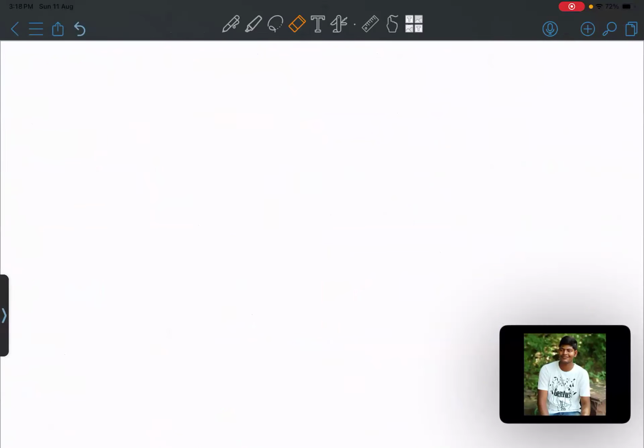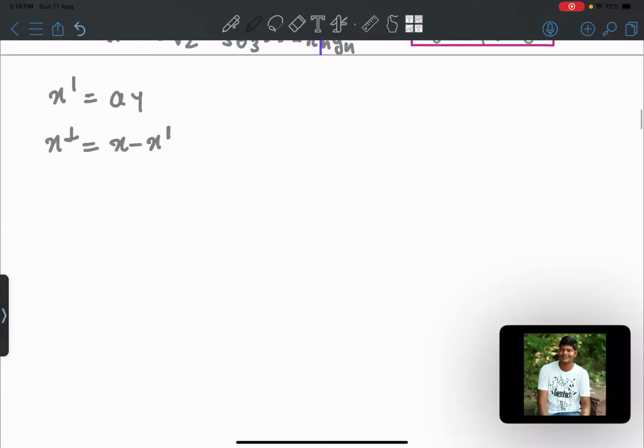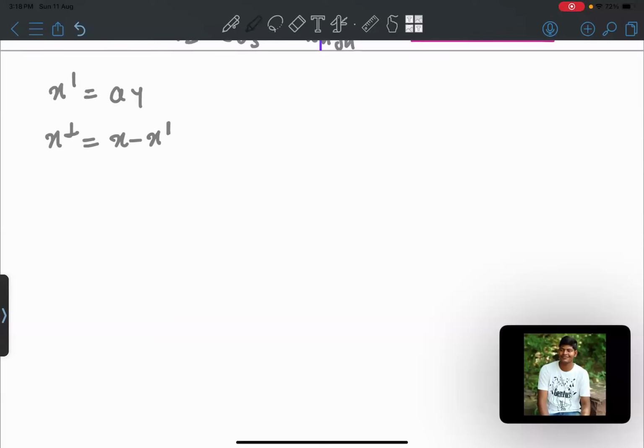So what do we have now? We have x parallel equal to a y, and x perpendicular equal to x minus x parallel. We also know that since they are perpendicular, x perpendicular dot y gives the value 0.